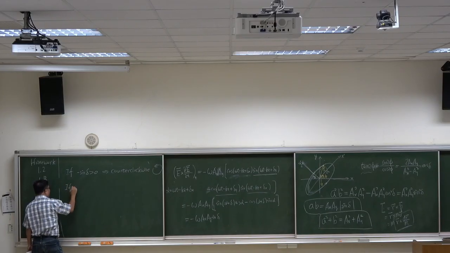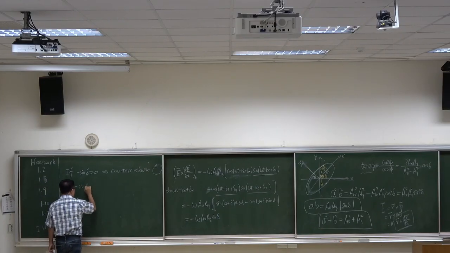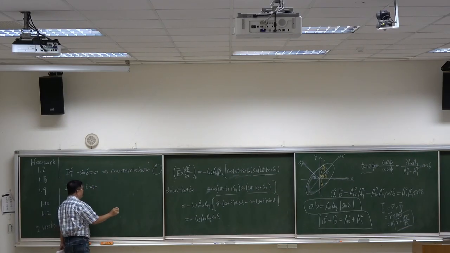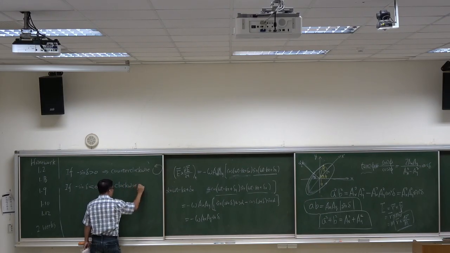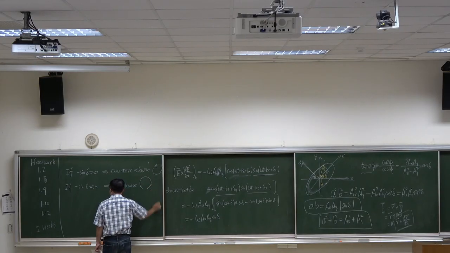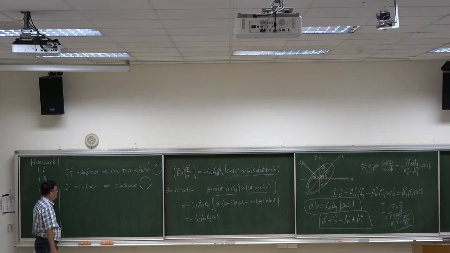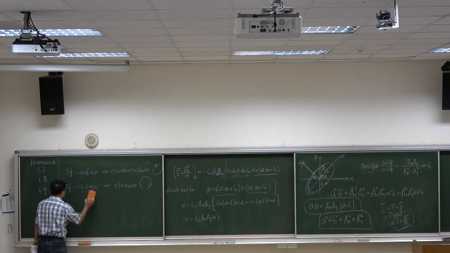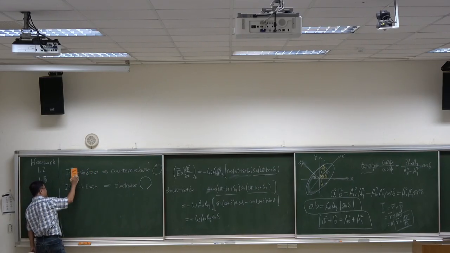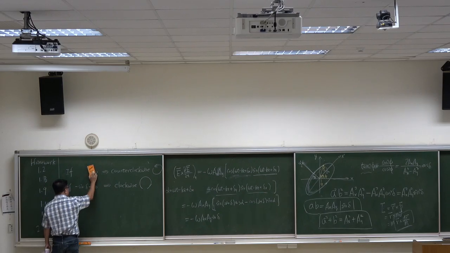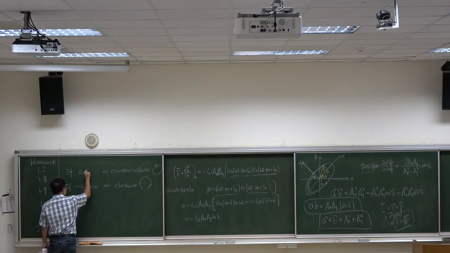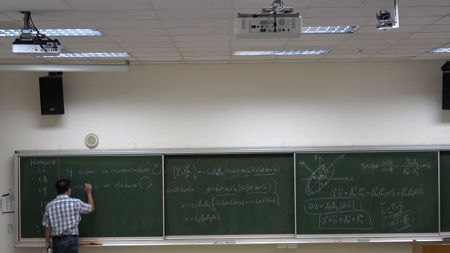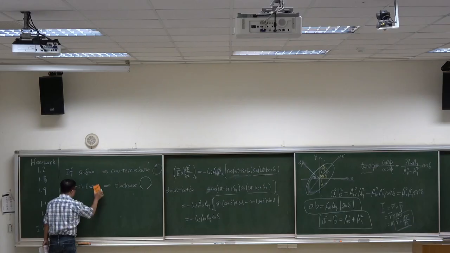If minus sine delta is negative, then we have clockwise revolution. We can also write this as: since minus sine delta is positive means sine delta is negative, and minus sine delta negative means sine delta is positive.